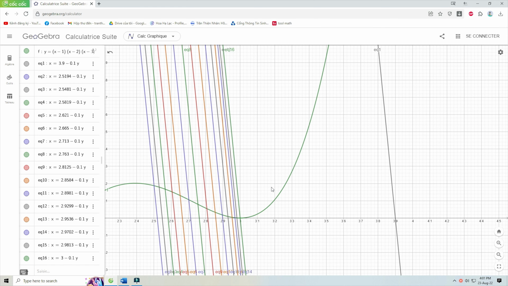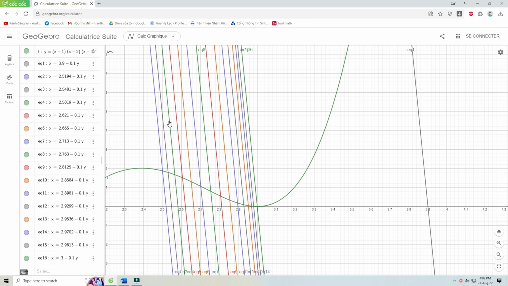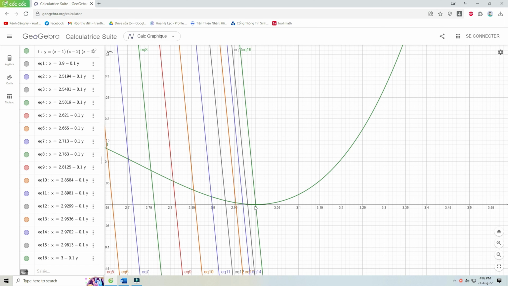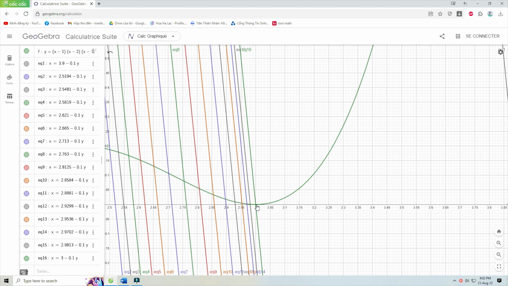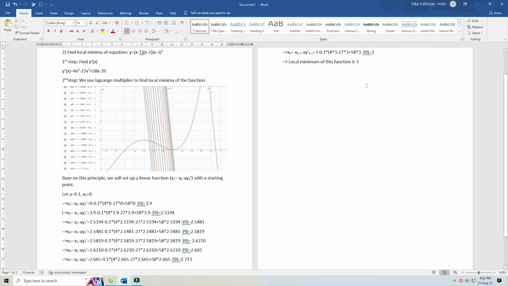As you can see here, I sketched the equation for x1 and x2, x3, x4. We can see that the linear equation is approaching the local minima, which is 3 here. So, the more iterations we do, the result will approximately be 3, and finally it will equal 3.